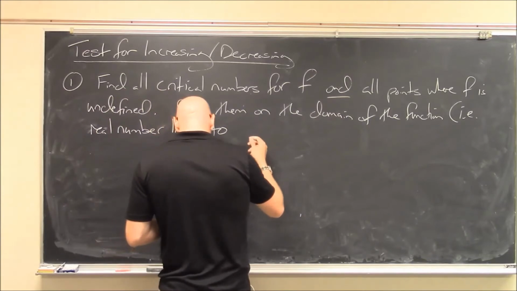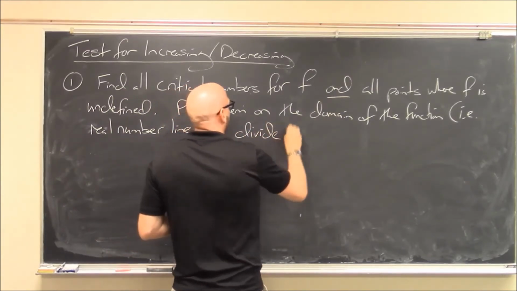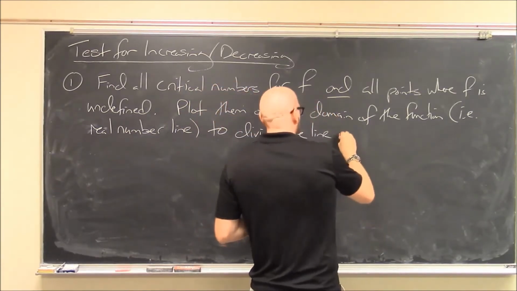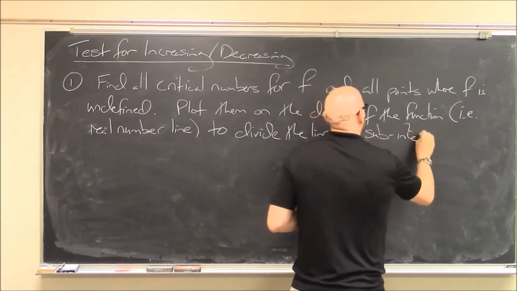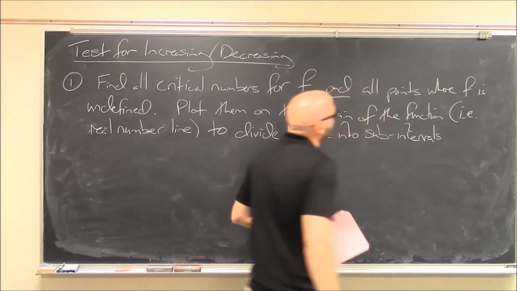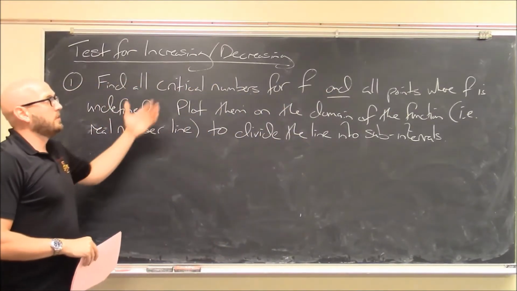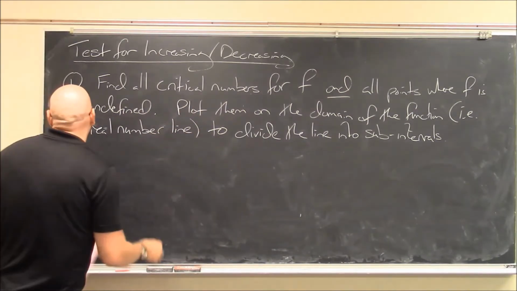Okay, so where was I? To divide the line into subintervals. So nothing too bad yet. We just have to find all the critical numbers and also make sure we don't divide by 0 or anything, and we just plot them on the domain.